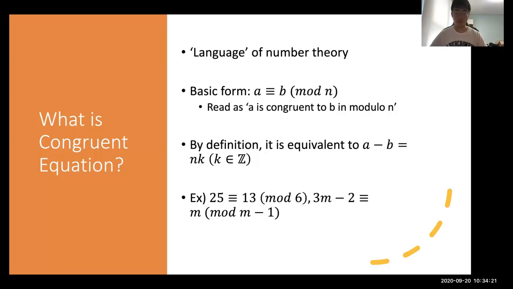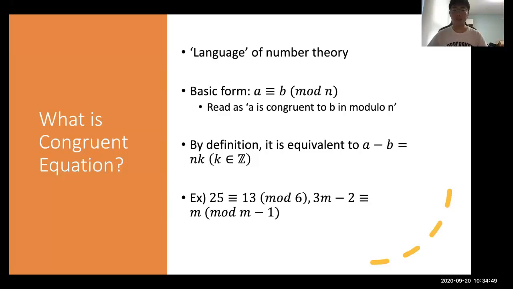A congruent equation is sort of a language for number theory, whose basic form is A is congruent to B in modulo n. By definition, it is equivalent to A minus B being a multiple of n. It looks quite complex, but basically it's just saying that A and B have the same remainder when divided by n.